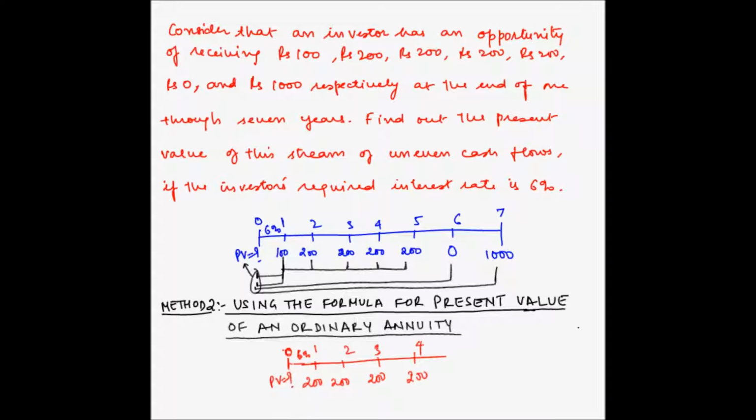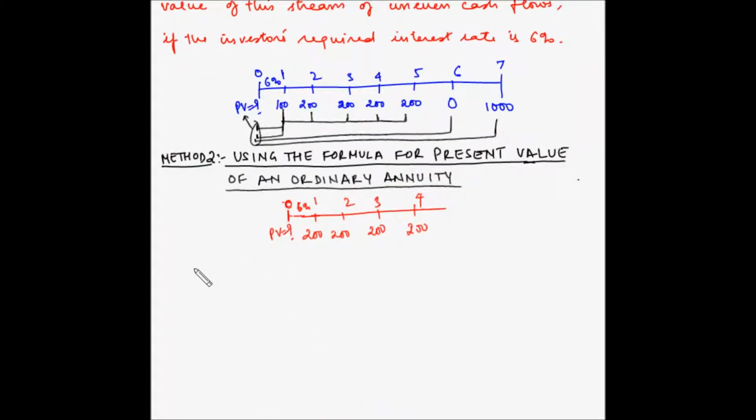So the formula for an ordinary annuity is PV is equal to A into bracket 1 divided by I minus 1 divided by I into (1 plus I) to the power n, or PV is equal to, now the annuity amount here is 200, I is 6%, so 1 divided by 0.06 minus 1 divided by 0.06 into 1.06, and n here will be 1, 2, 3 and 4.